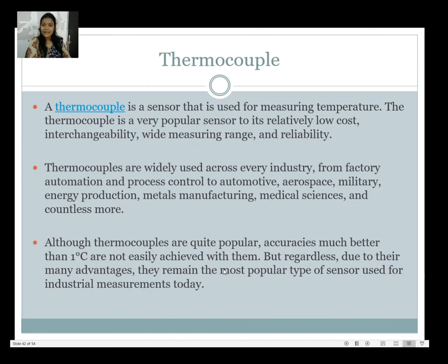But except for accuracy, there are many advantages of thermocouples, so they are used in various applications and industrial instruments.